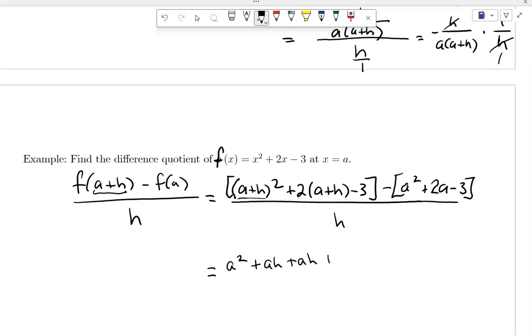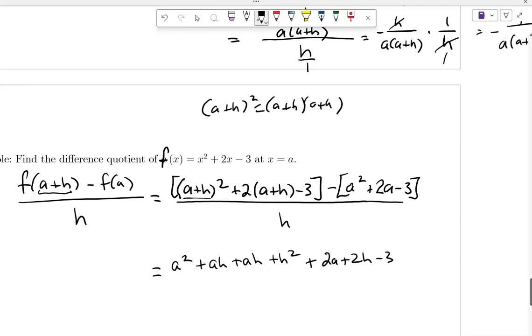Good. Because remember, a plus h squared is a plus h times a plus h, so you do a times a, a times h, h times a, h times h. Distribute your 2 through, and you get 2a plus 2h minus 3.